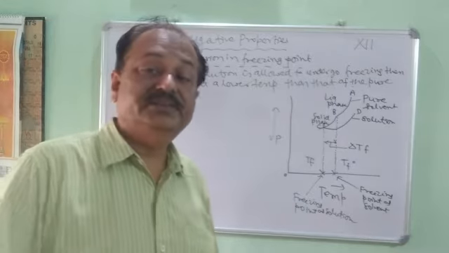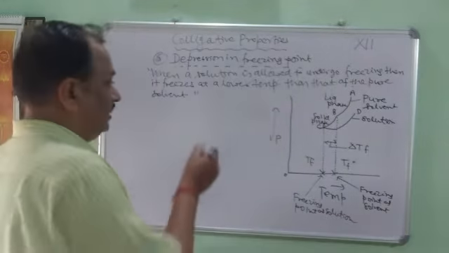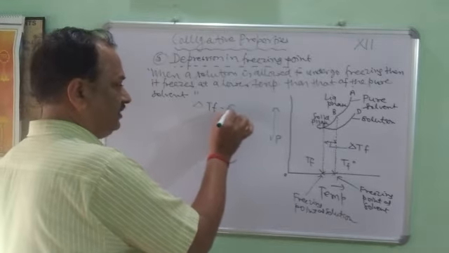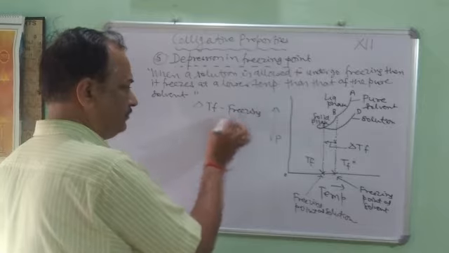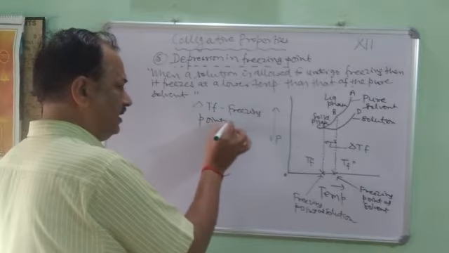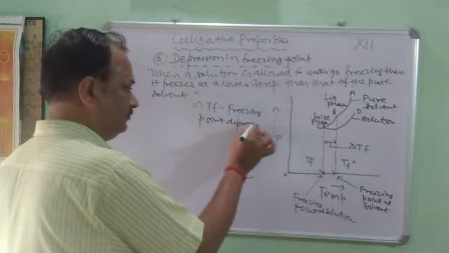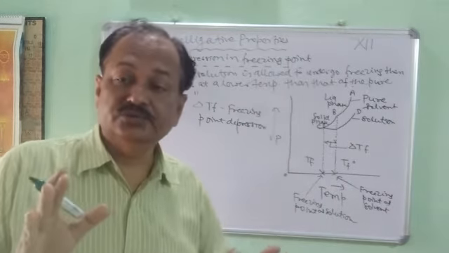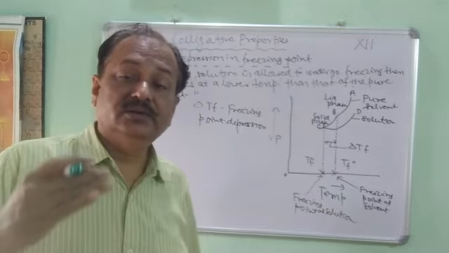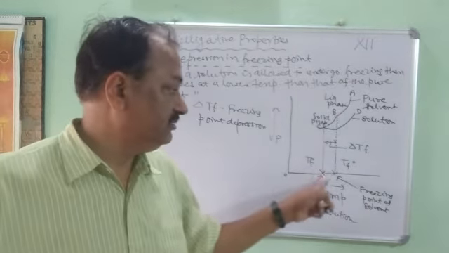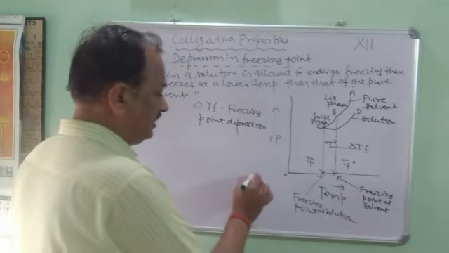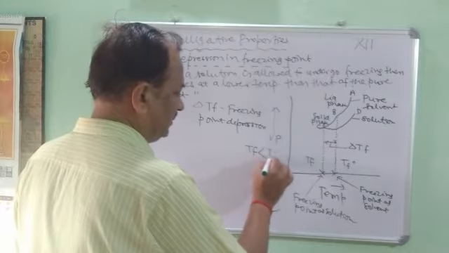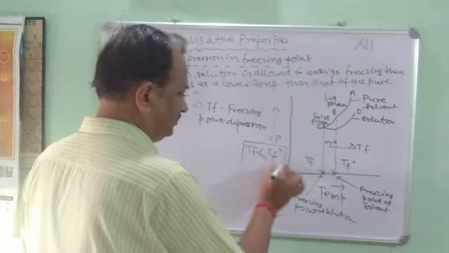It is the freezing point depression. The depression in freezing point occurs because the solution containing the solute will undergo freezing at a lower temperature. So it means Tf is lower than Tf naught.